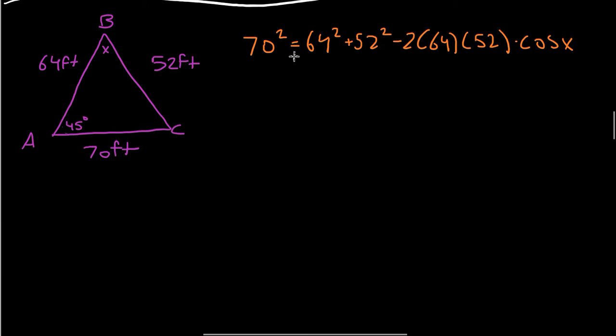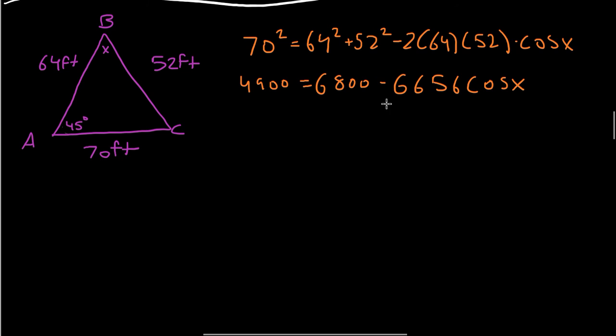All right, let's simplify this equation even more. 70 squared is equal to 4,900. And that is equal to 64 squared plus 52 squared, which is 6,800, minus 2 times 64 times 52, which is 6,656, times the cosine of x.